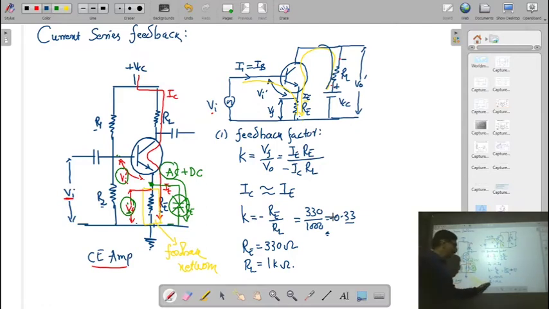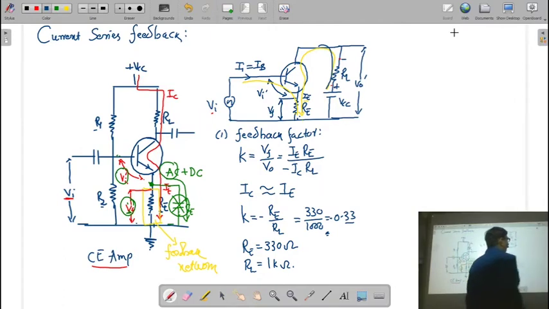So in this way you can calculate the feedback factor for a given circuit. Now we will find out the input resistance of the amplifier.